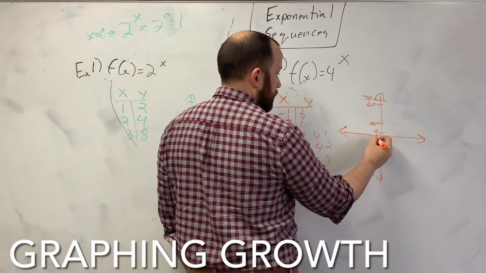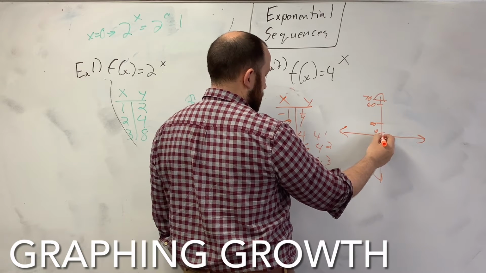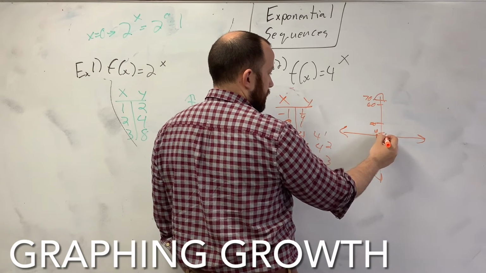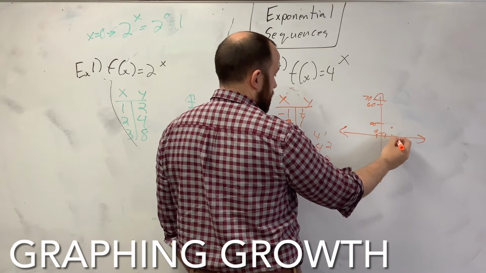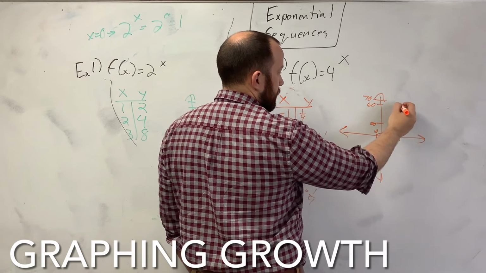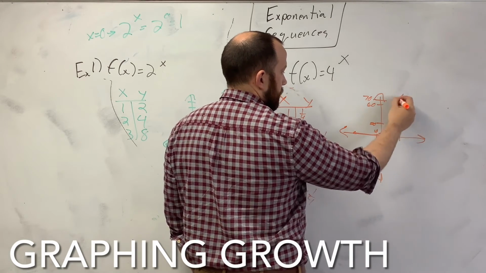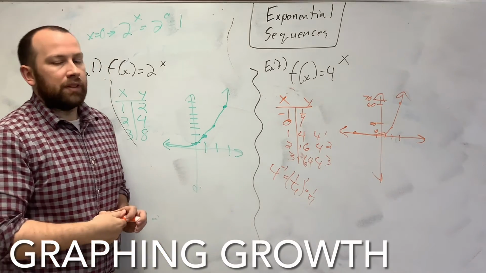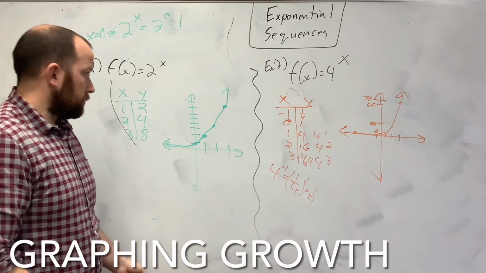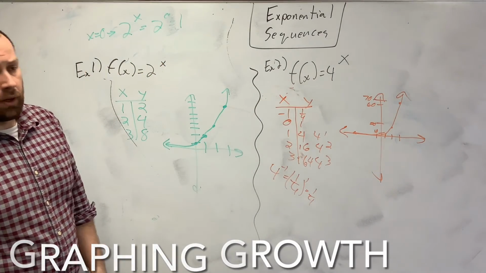Negative 1, 1/4 would be around right there. 0, 1 right there. 1, 4 right there. 2, 16 right there. And 3, 64 right there. There we go. That's how you graph it. These are both growth because our base number is a whole number that is greater than 1.